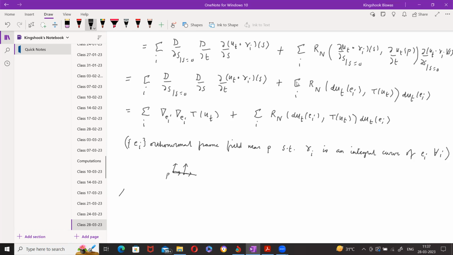Now let's look at the Laplacian of the kinetic energy. So what is this? This is the trace of the Hessian, so this is the sum over I. What is the Hessian? It is nabla EI of grad kappa, inner product EI.